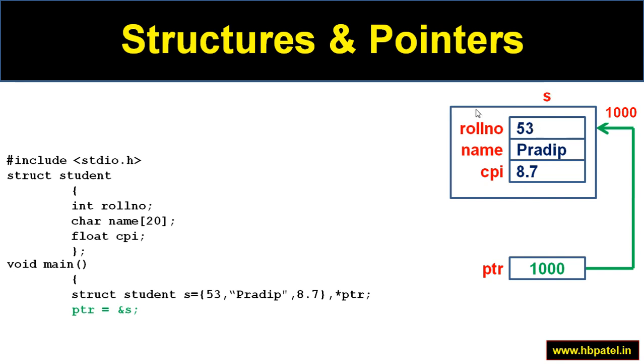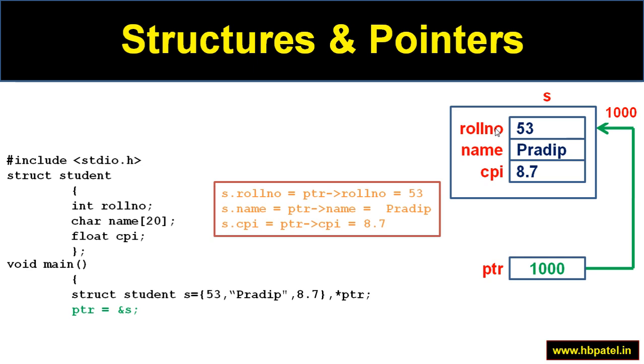Either I can use this structure variable S or I can use this pointer. We already know how to access a member using variable S dot. There is a convention like S dot roll number, S dot name, S dot CPI, where S is nothing but a structure variable.